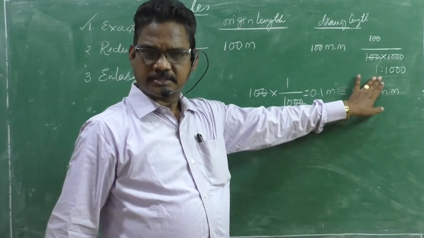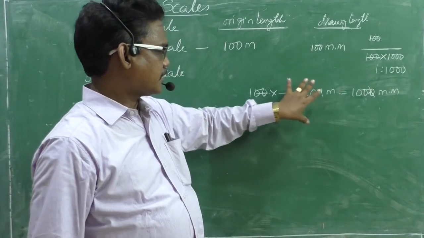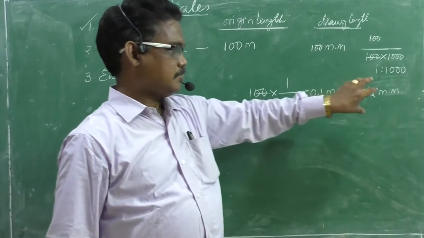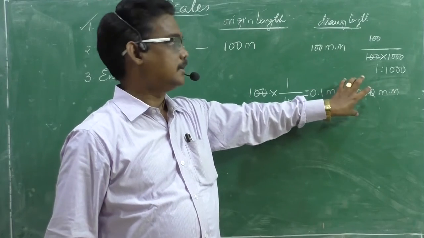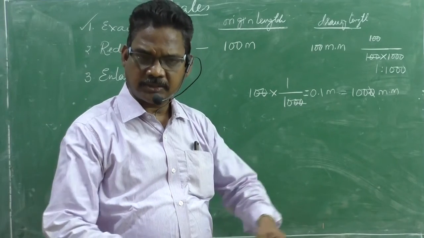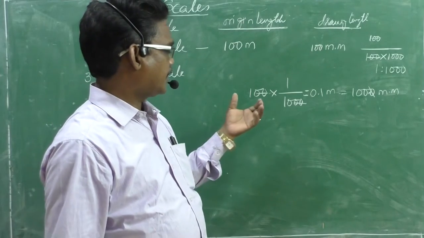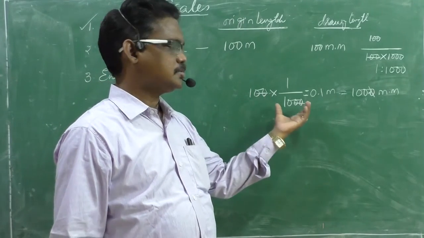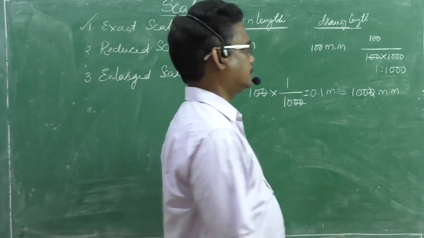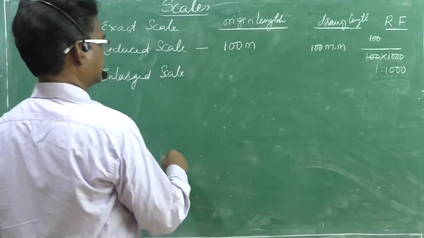Once we calculate the scale factor, if we multiply the scale factor by the given dimension, that gives us the dimension we should consider on the drawing sheet. On the drawing sheet, the length is obtained by original length into scale factor. That scale factor is also called the representative factor or RF, object scale.